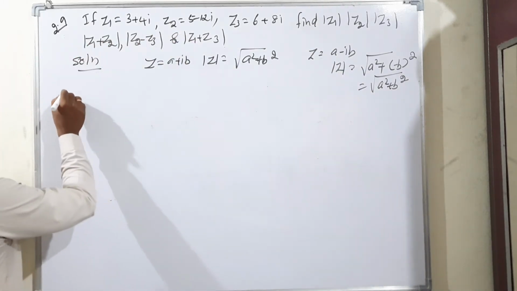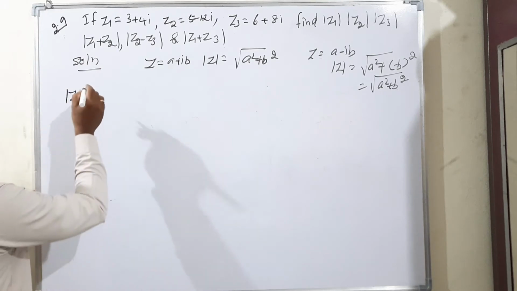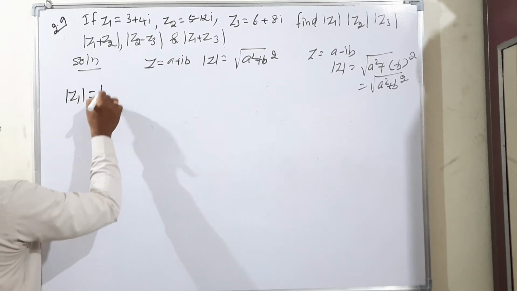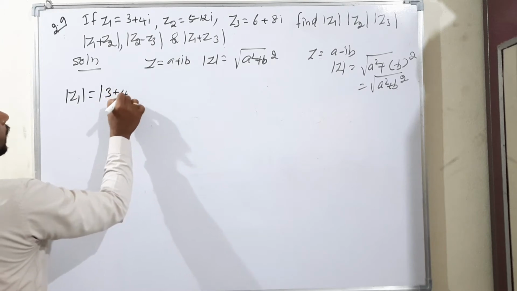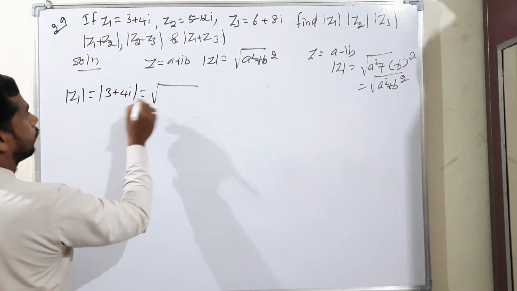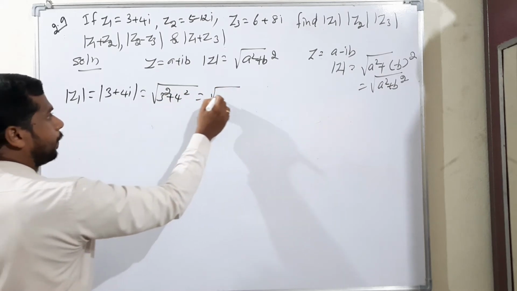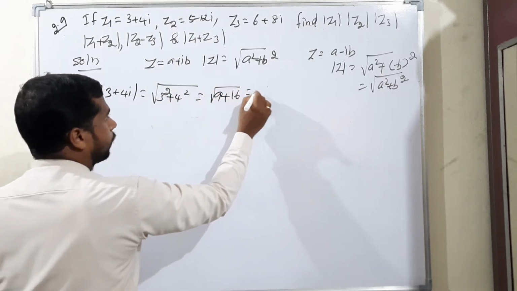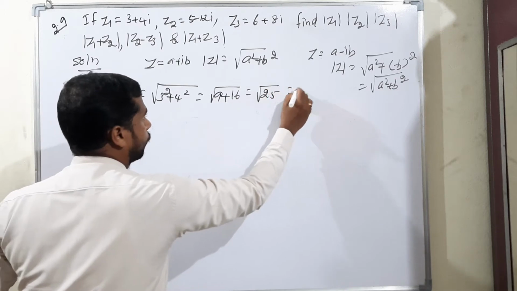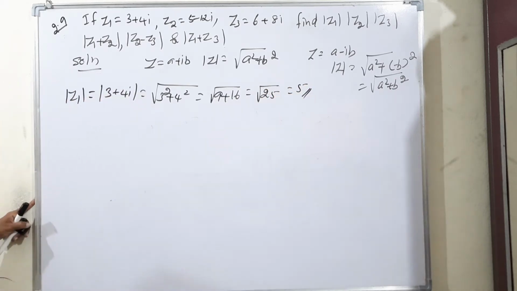First one, modulus of z1. Modulus of 3 plus 4i is equal to the square root of 3 square plus 4 square. 3 square means 9, 4 square means 16, square root of 25, so the answer is 5.